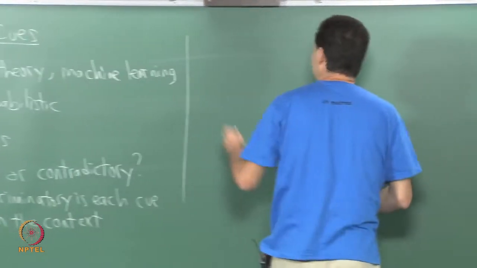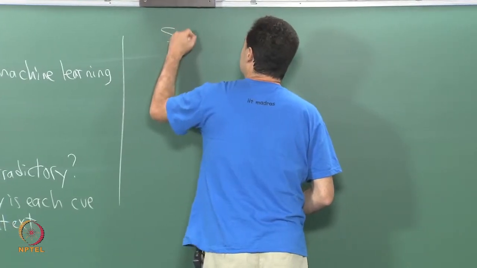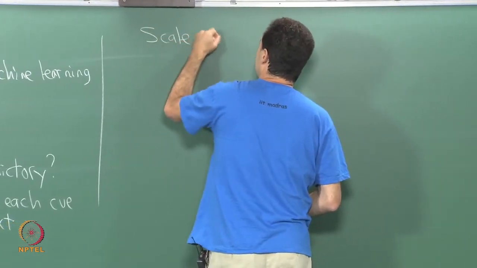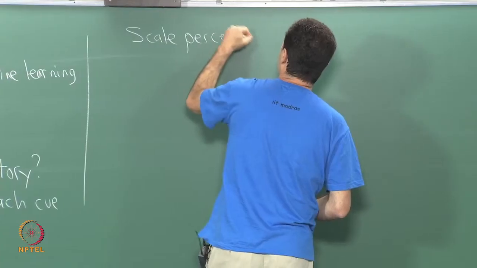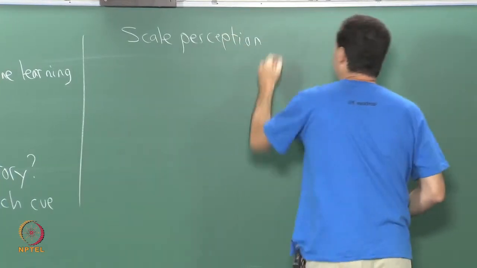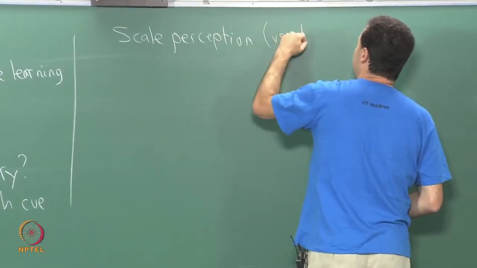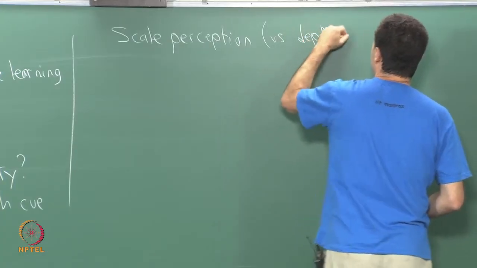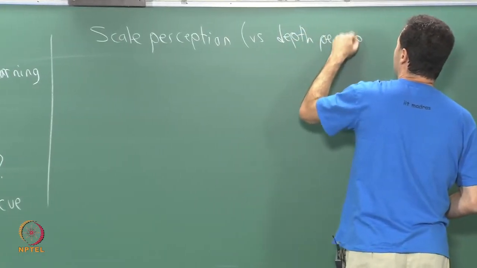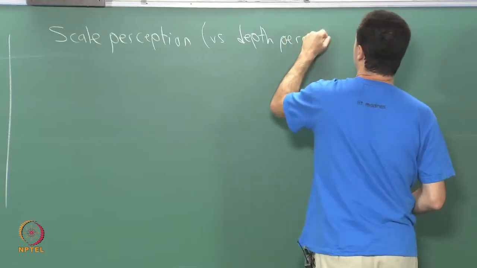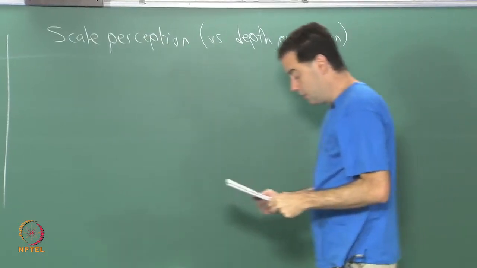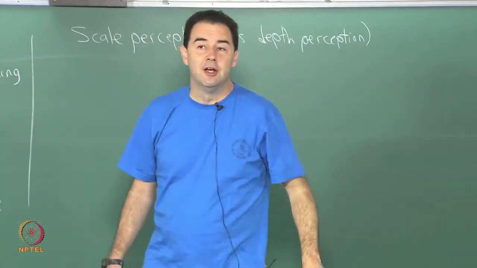Another related topic, which I will not cover very much, but you could also talk about scale perception, and compare that to depth perception. Right, so how large is the object that I see?